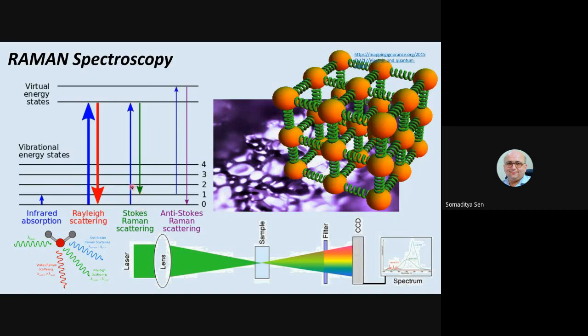Then you can calculate the difference of energy between these two. By calculating this difference of energy, you can find out what the vibrational energy states of the material are.